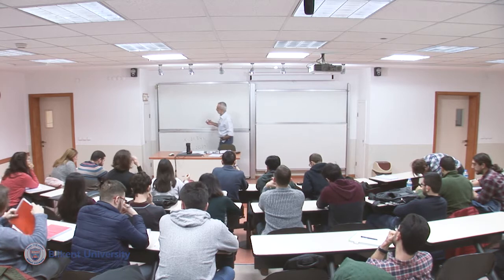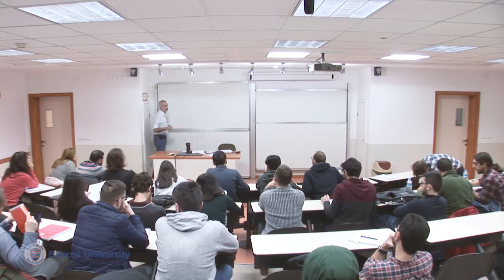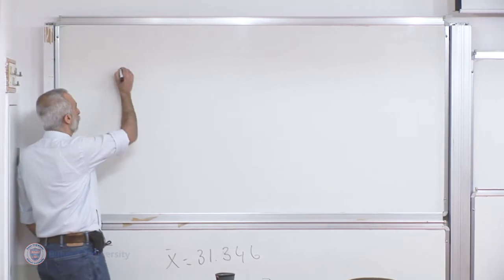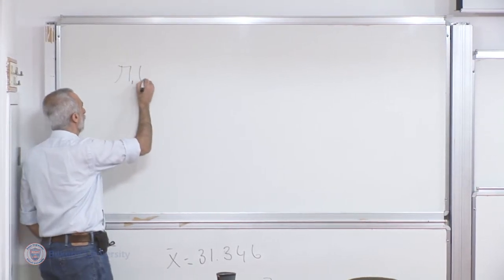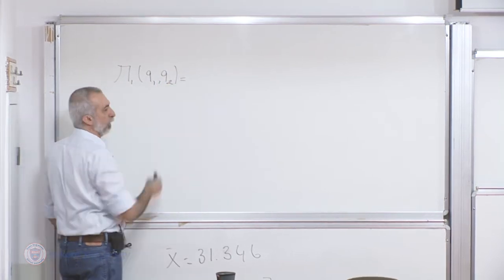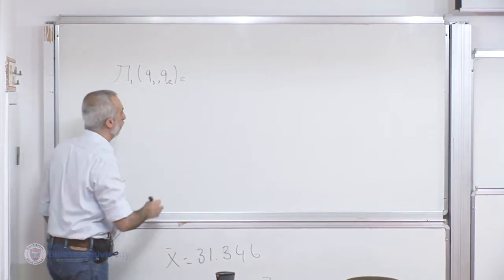So let me write the numerical representation of the preference of a firm. Let's say firm 1. So profits were, we used profit as a numerical representation of the preference relation of firm 1.